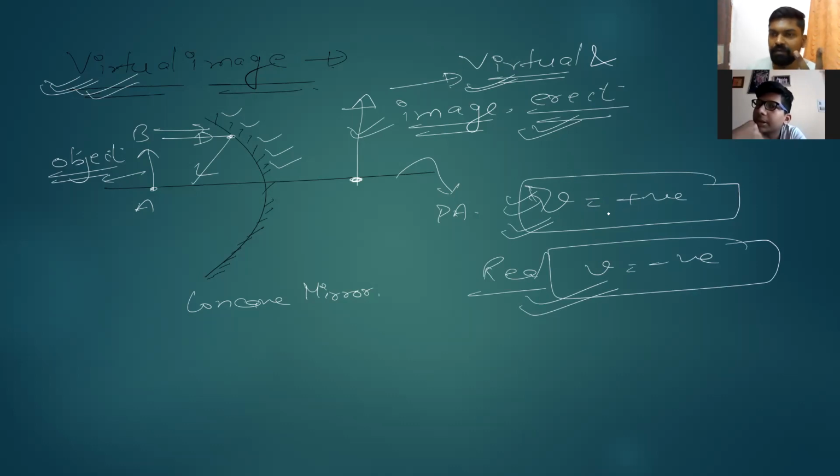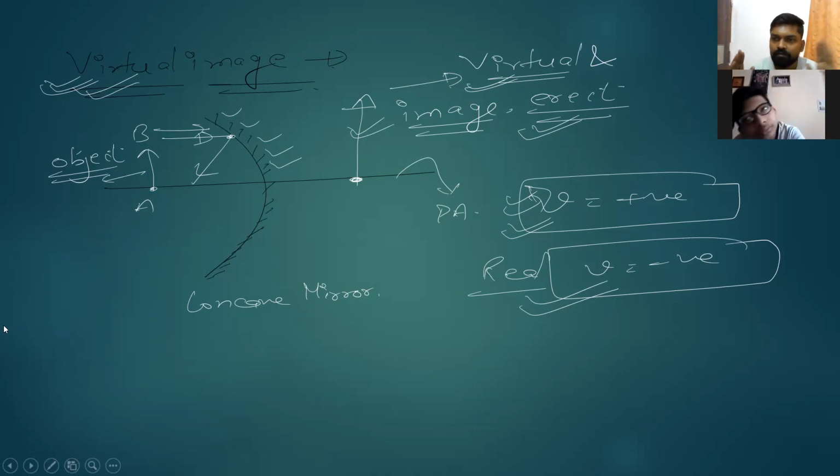Listen one more time. We have two types of image. First is the real image, second is the virtual image. A real image will form at the side of the object, meaning the left side.